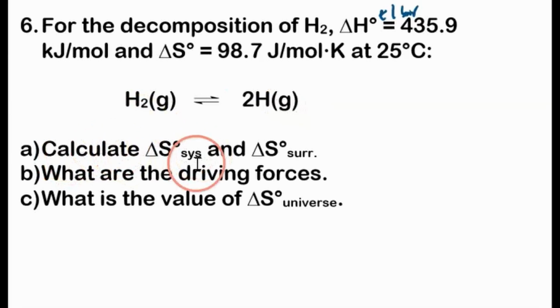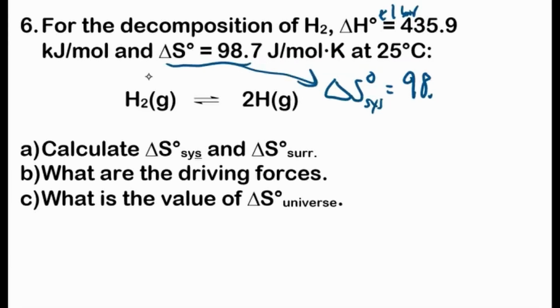We want to calculate the entropy change of the system and the surroundings. Well, this one we don't have to calculate. The change in entropy of the system is given directly. So that's nice. That's starting off easy peasy, right? 98.7 joules per mole Kelvin.